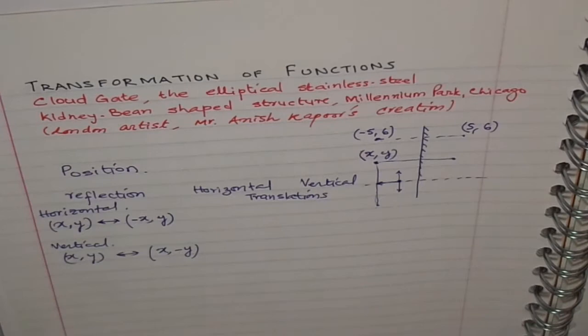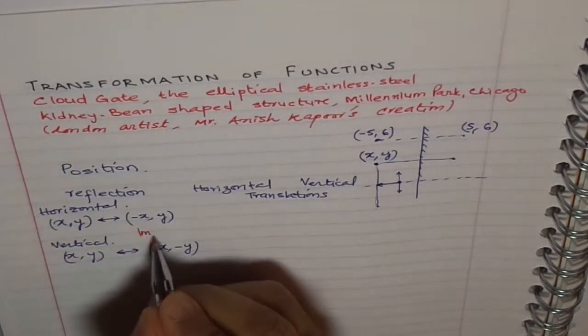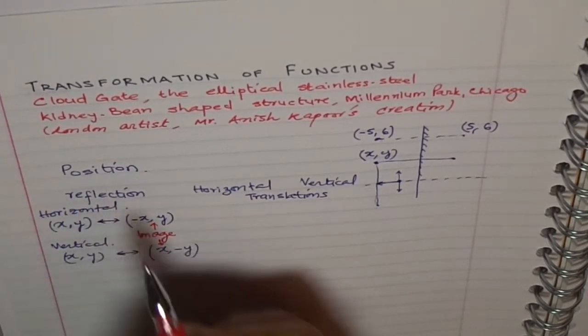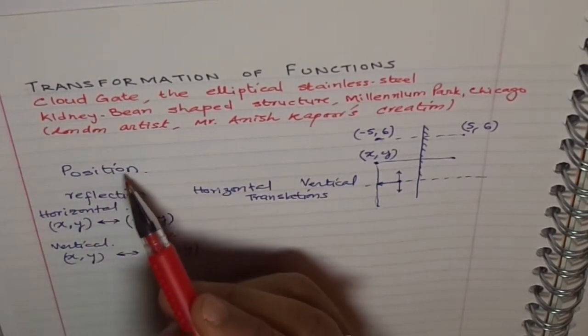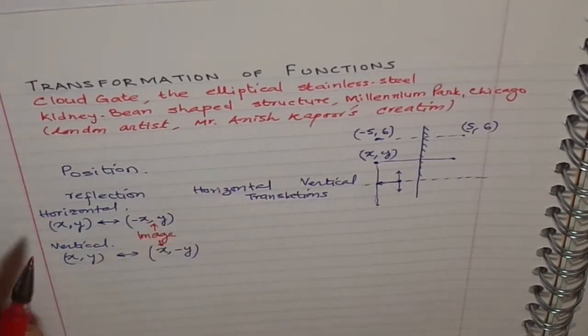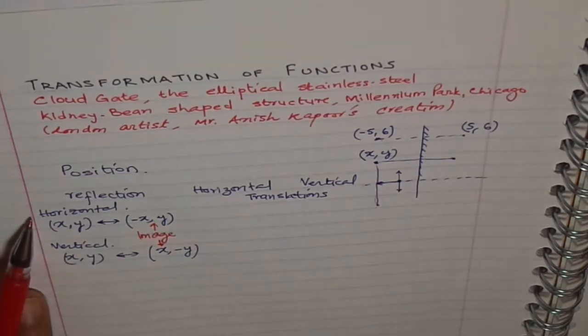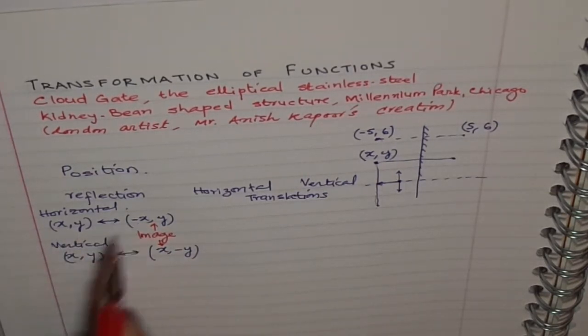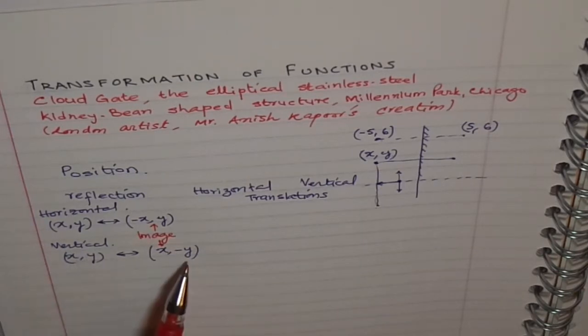Well, these are our images after transformation, and the type of transformation we just discussed is reflection. Reflection could be vertical or horizontal. If it is horizontal, then the x coordinate flips. If it is vertical, the y coordinate flips.